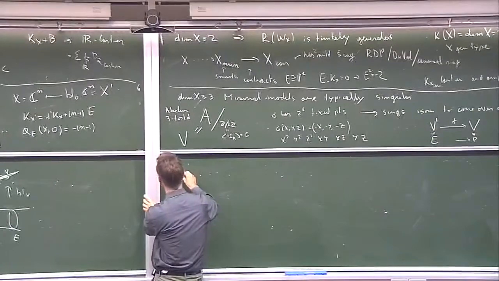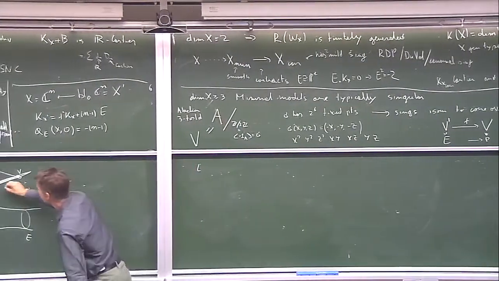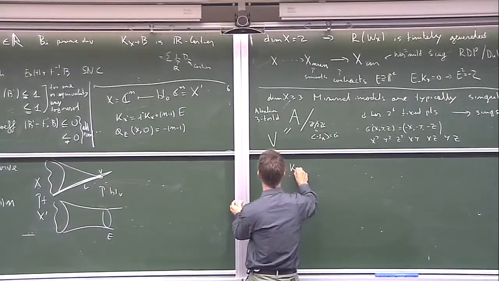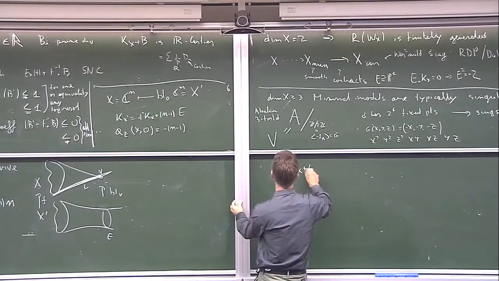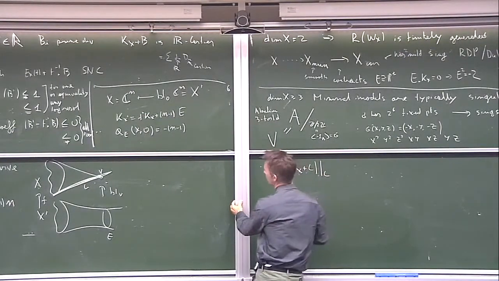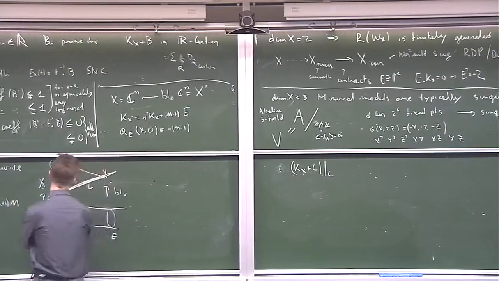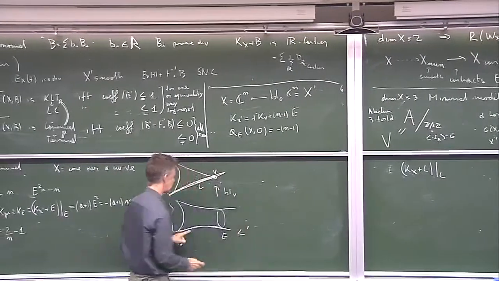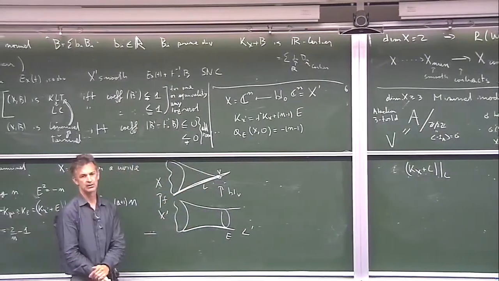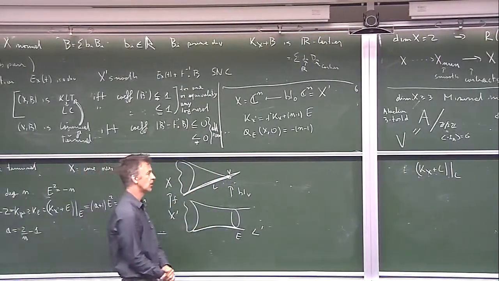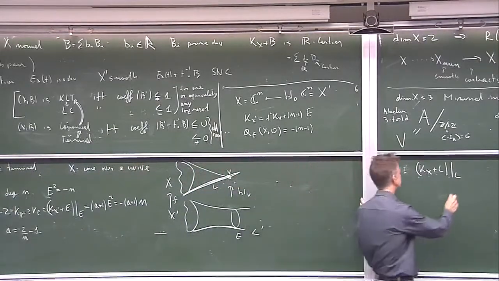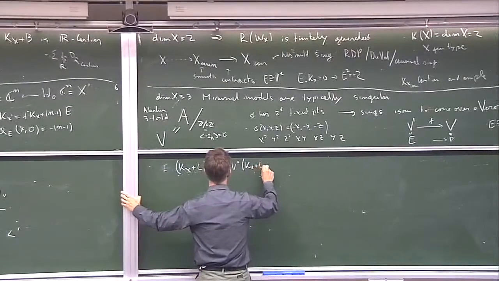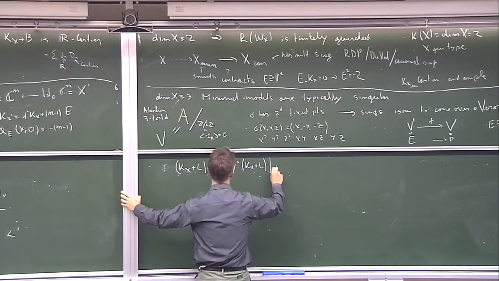So let L be this line here, and let's compute what is (K_X + L) restricted to L. Under this resolution map, the strict transform L' of L is actually isomorphic to L, so I'm going to do the computation on L'. This is the same as the pullback of (K_X + L) restricted to L'.